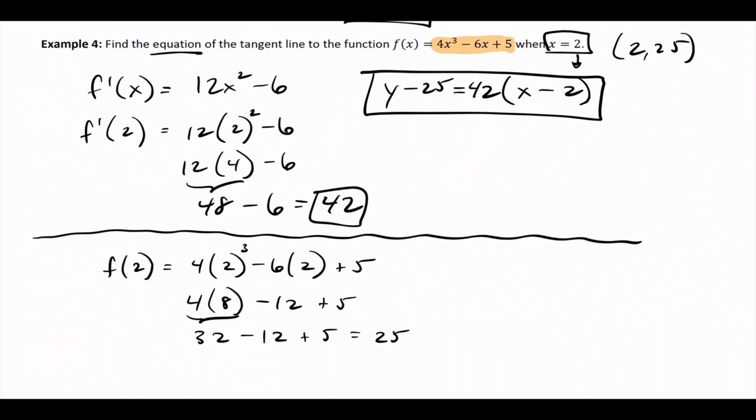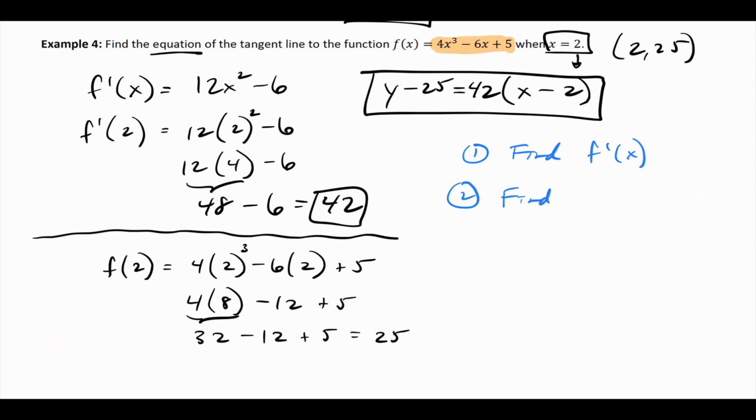Find the derivative. Find the slope. Let me write down the steps that I used. Last thing. Find the derivative, so find f prime.